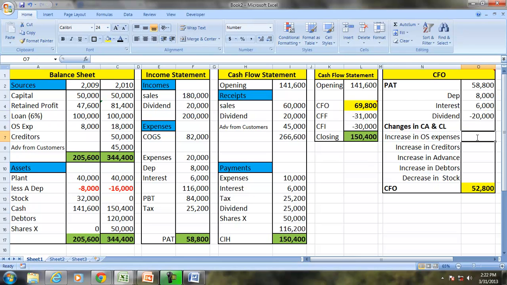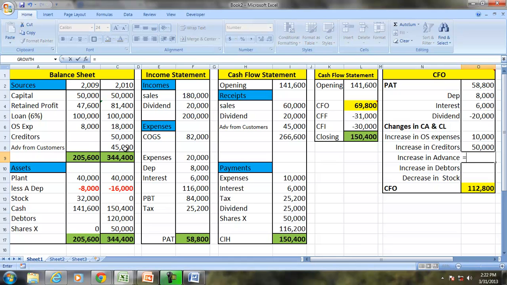So outstanding expense, there is an increase in outstanding expense. That means during the period we have not paid expense to the extent of 10,000. Increase in the creditors, that means during the period we have purchased goods on credit.